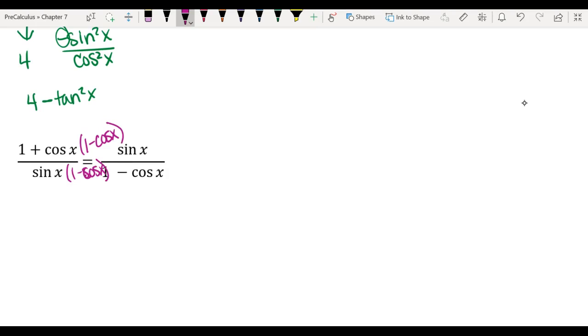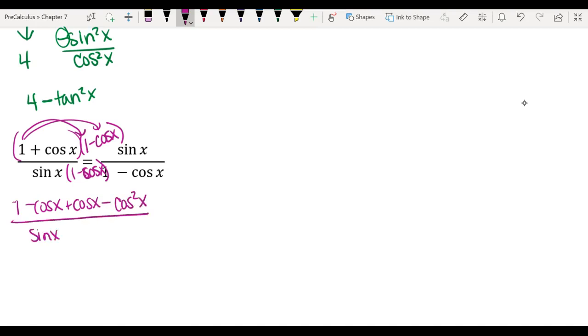What do you think you have to do to the top? Distribute, multiply. Okay, so 1 times 1 is 1, minus cosine of x, plus cosine of x, minus cosine squared of x, all over sine of x, 1 minus cosine of x.